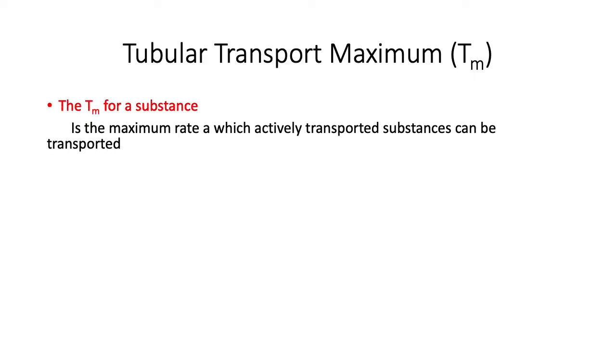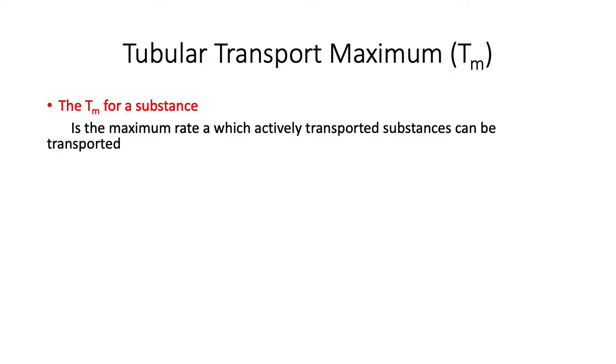As we have discussed, there are various active processes along the cell membrane which transport the solutes, and mostly they are active processes and require carrier proteins. Regarding that, you should know the tubular transport maximum. Now what is that? The tubular transport maximum is the maximum rate at which the solutes are transported through these carrier proteins.